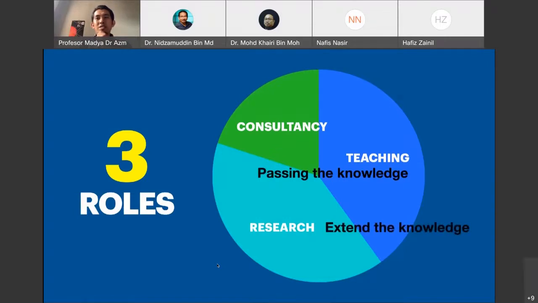Research is where we extend the knowledge. And the third one is consultancy, where we apply the knowledge. So these 3 roles are what I mostly play during my career as an academic.